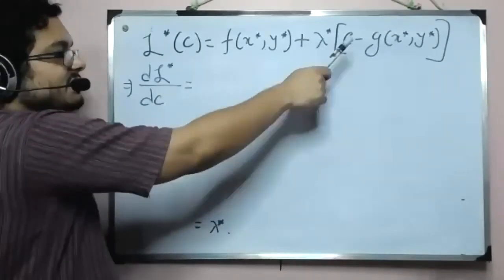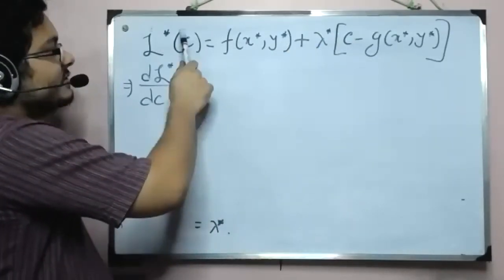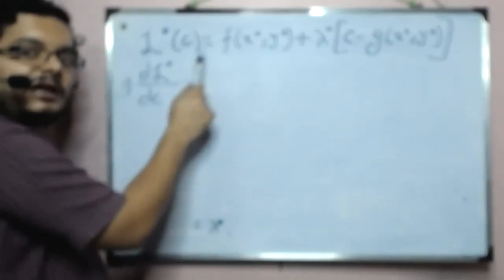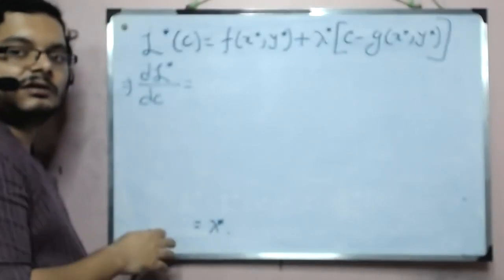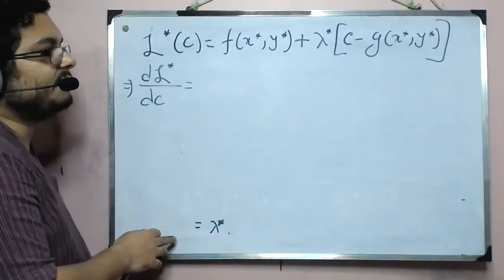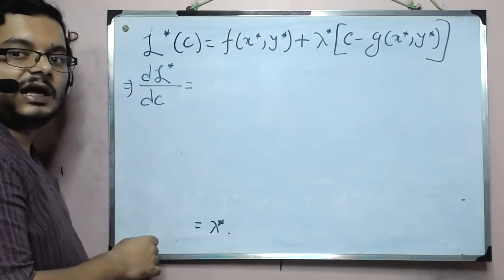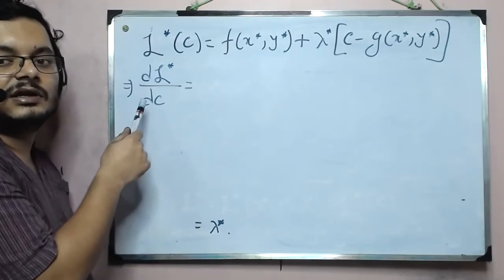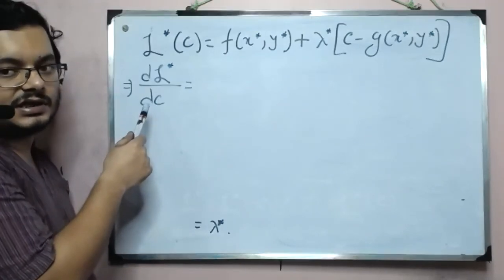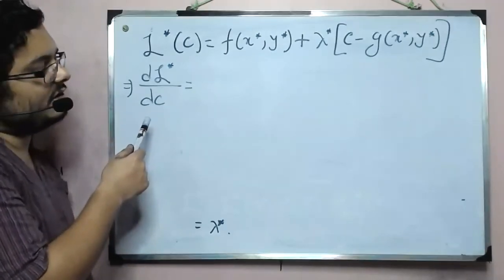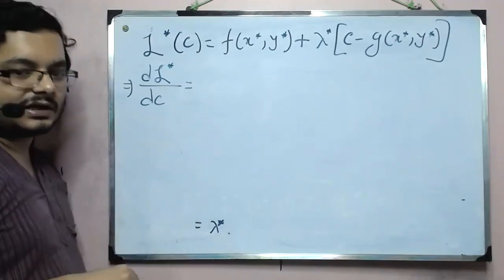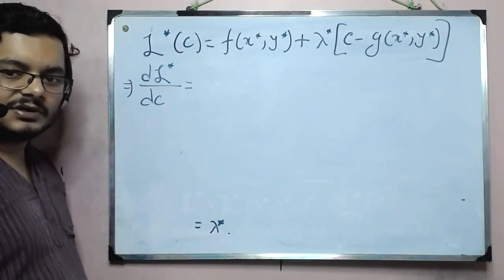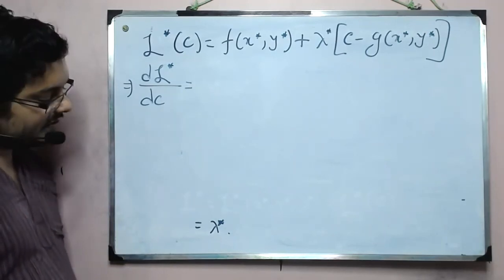We differentiate L star by C, and as we saw, within this structure there is no variable apart from C, because C is the only parameter, so we obviously get lambda star as the result.